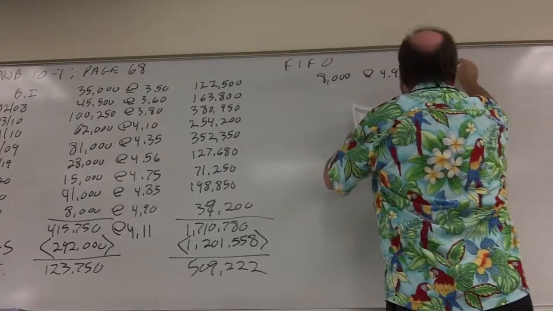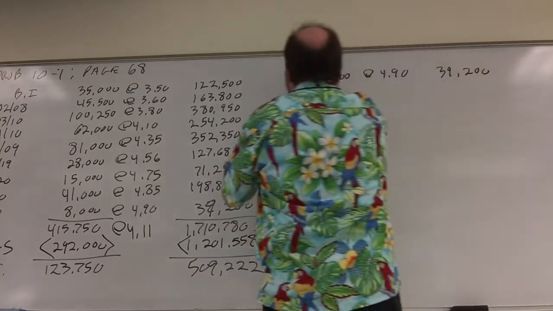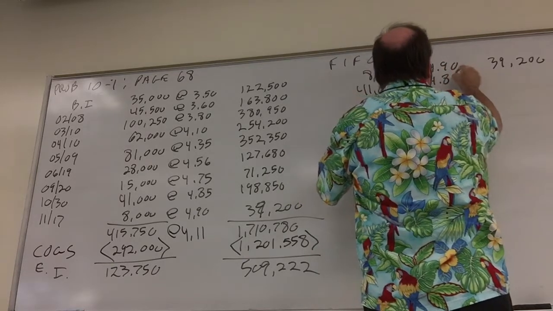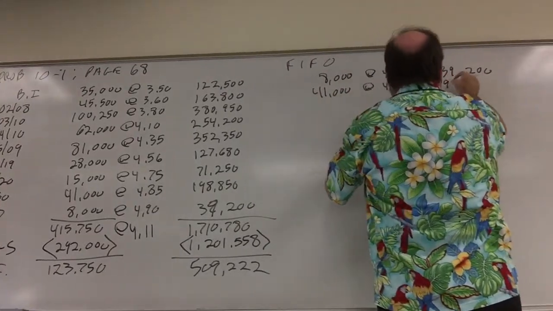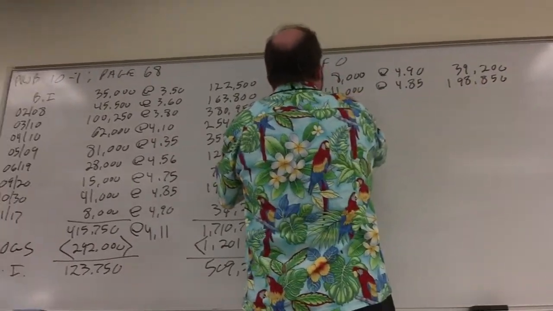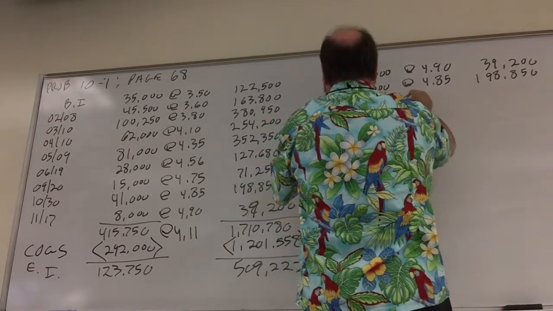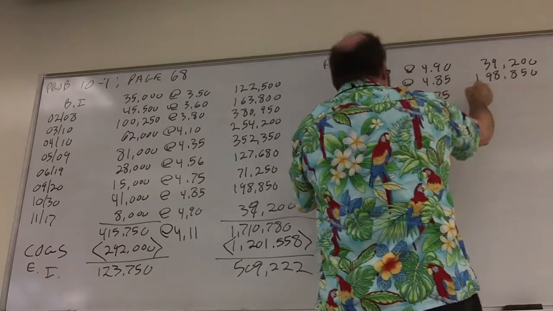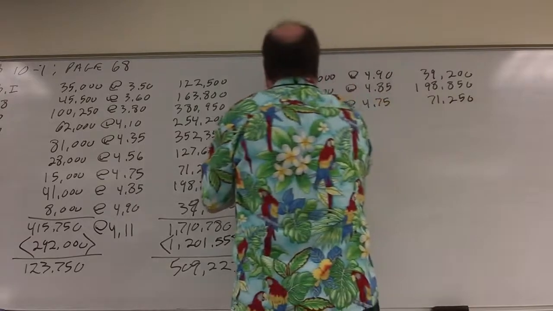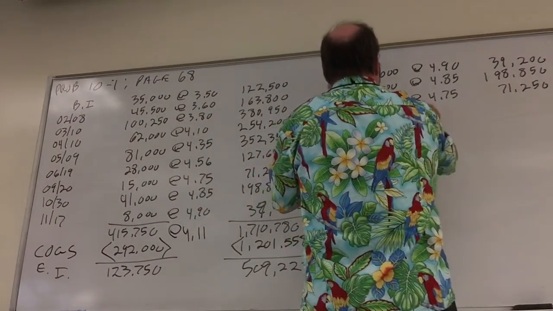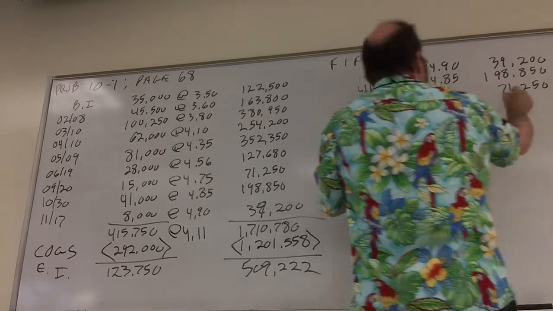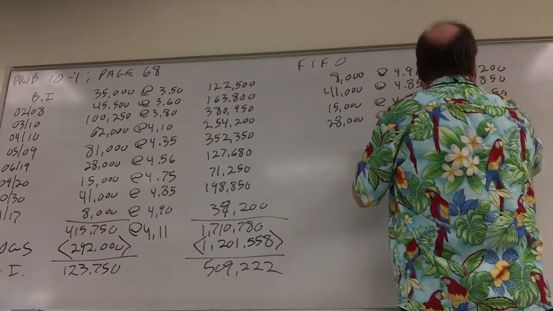That's a total of $39,200. We have 41,000 at $4.85. That's $198,850. We have 15,000 at $4.75. That's $71,250. We have 28,000 at $4.56. That's a total of $127,680.